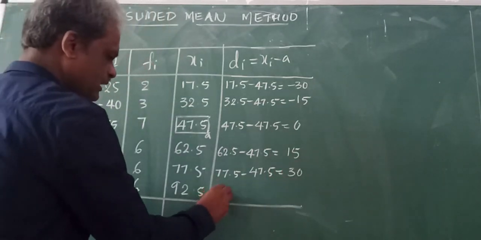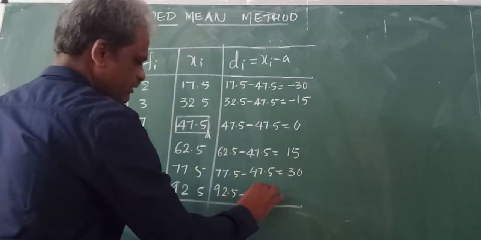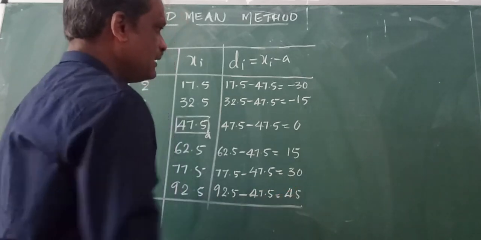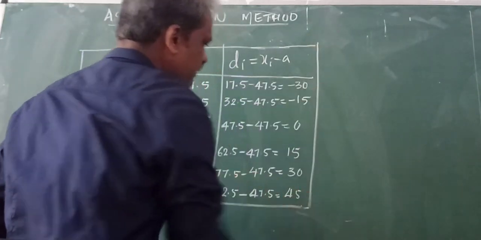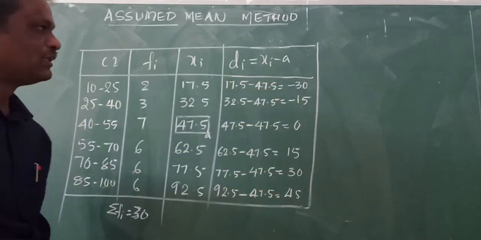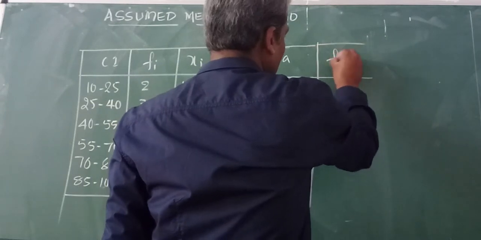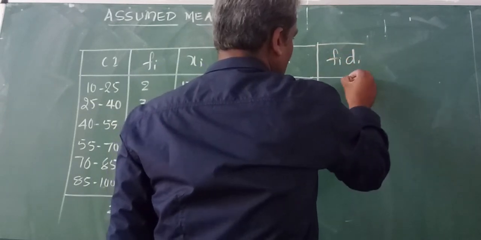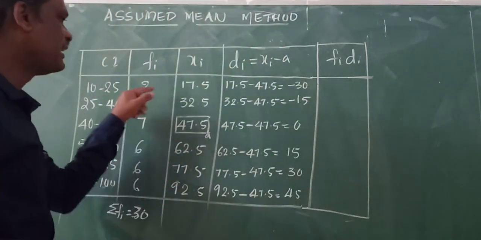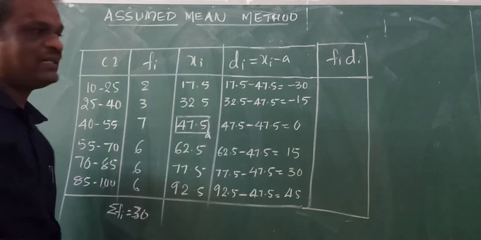Then 92.5 minus 47.5 gives plus 45. This is the deviation we are getting; all these are called deviations. Now you multiply each deviation by fi, fi di. The product of fi and di: 2 into minus 30 gives minus 60.